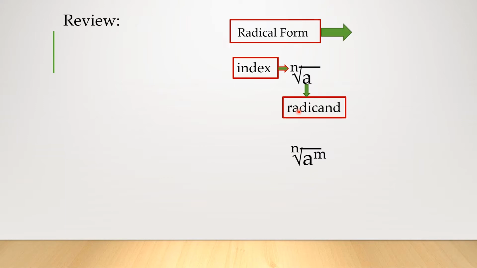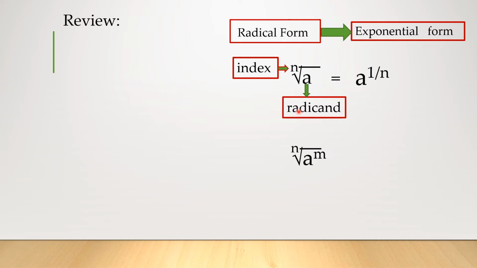Now, we can write this in exponential form, and that is equal to a raised to 1 over n. Now, look at this. The index n is the denominator of the exponent, always, and understood there is 1 here as the exponent of the radicand, and that's the numerator here.